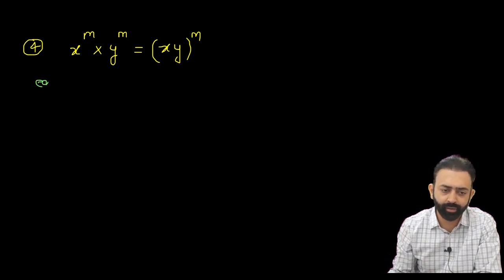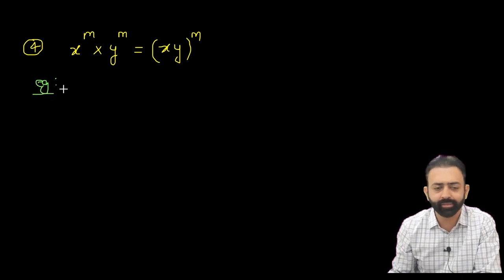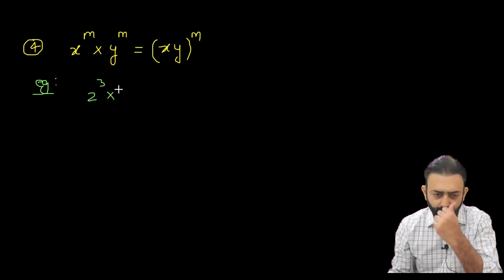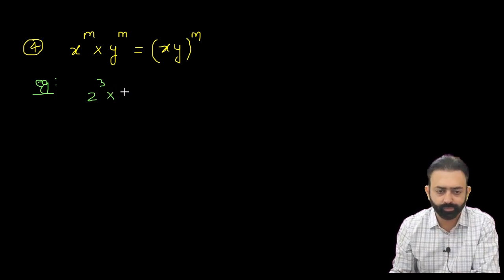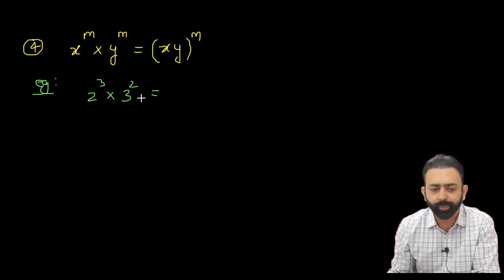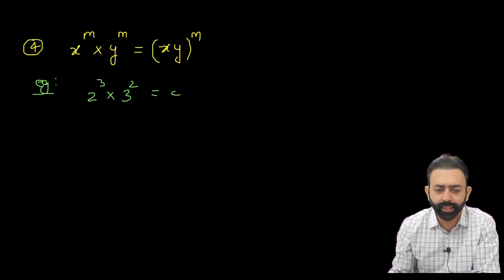How can we verify? Again, by taking some simple example. Let us say 2 raised to power 3 into 3 square. Before applying the law, 2 cube is 8 and 3 square is 9, and the answer is 72.